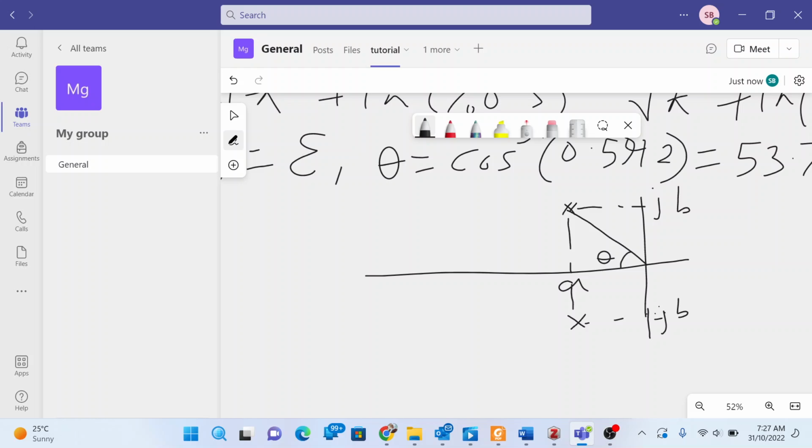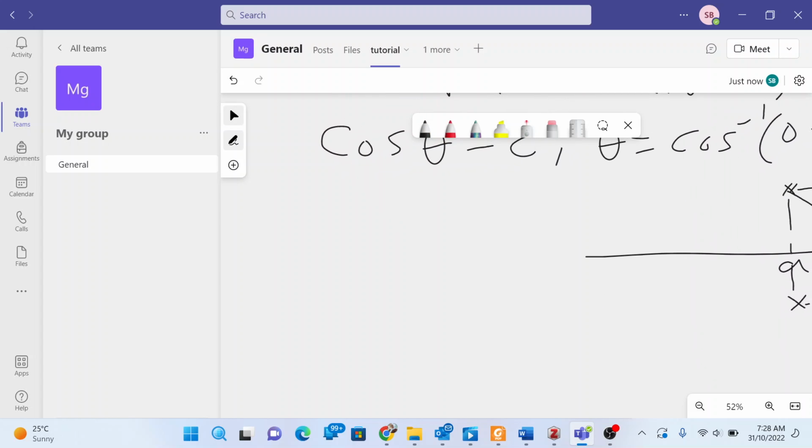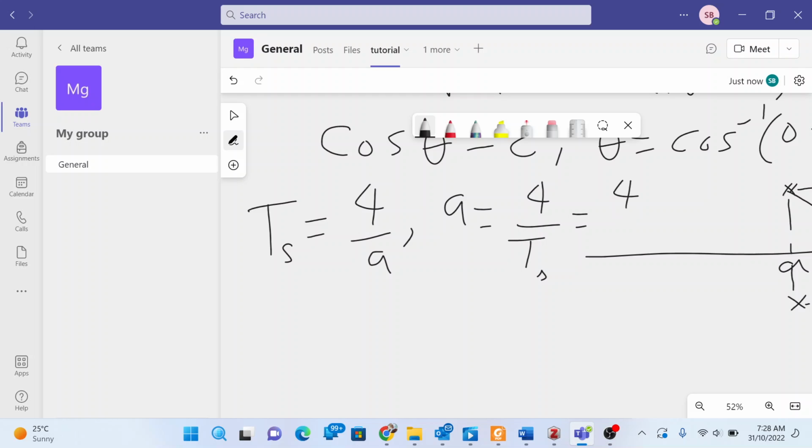First, we need to determine the value of A, and we can get that from the settling time. You know, settling time TS is 4 all over A, and since we are given settling time to be 0.5 second, we can determine A to be 4 all over settling time, that is 4 all over 0.5, which is 8.